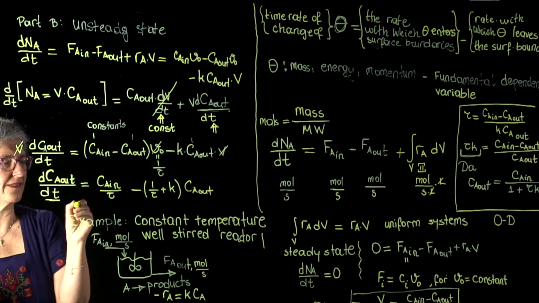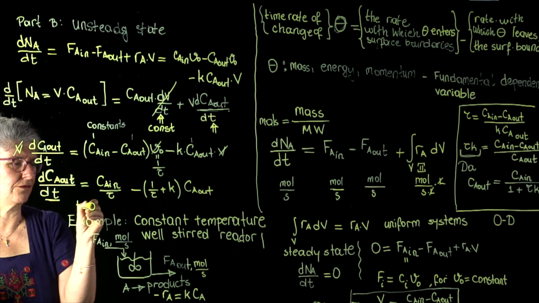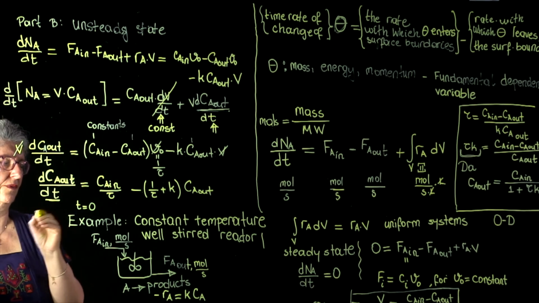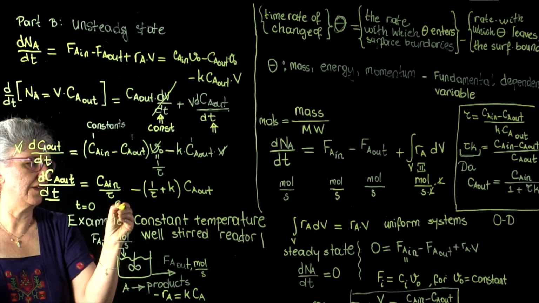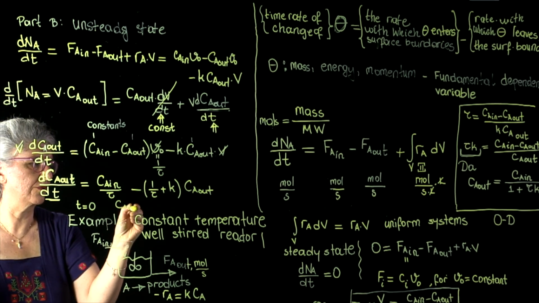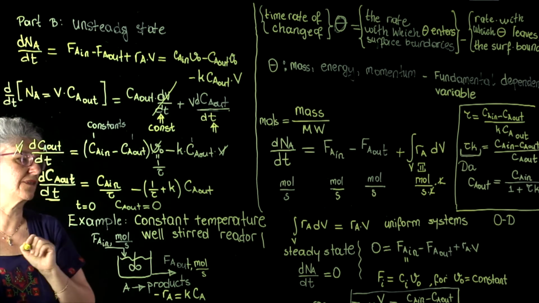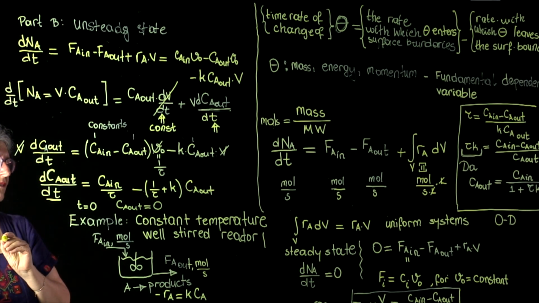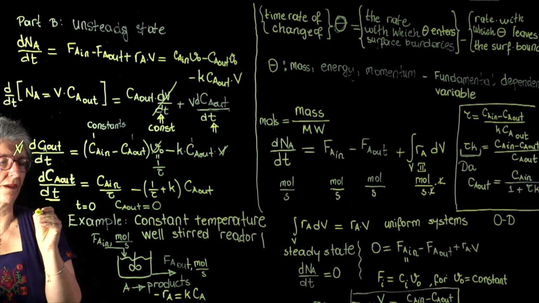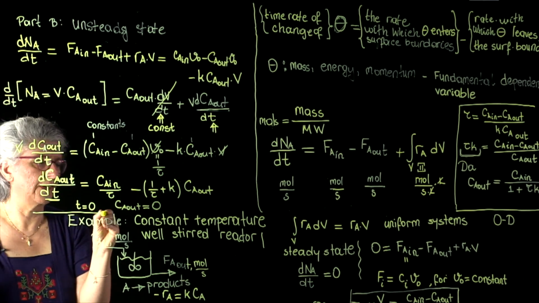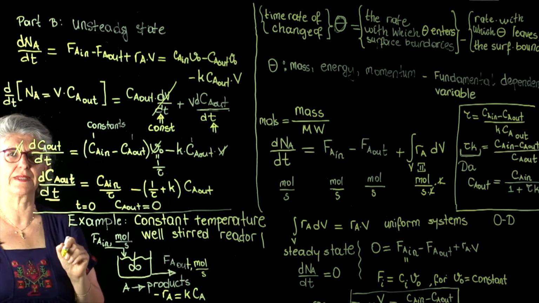So we have at time t equal to 0, CA out is equal to 0. There was nothing in this reactor. Solution and its relation to the whole problem will come in the next video.